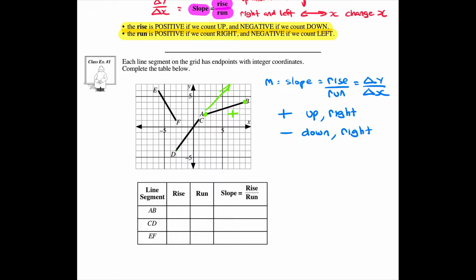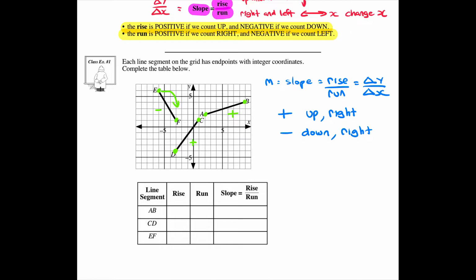Now let's take a look at the next one, which is C and D. Again, moving from the left to the right, we're going in an upwards direction, so again, that would be a positive slope. And looking at EF and moving to the right, it's going down. So going to the right and down, that is going to be a negative slope.